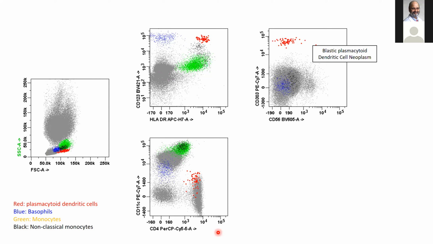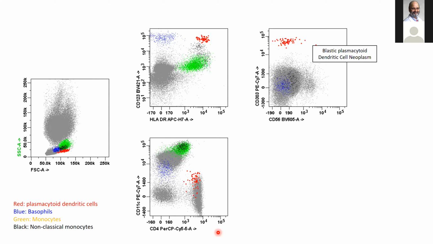The reason that's important is that when we're looking for leukemia and lymphoma, we're not just looking for positive and negative expression of markers, we're also looking for the intensity of expression, and we're trying to identify abnormal intensity so that we can say that, okay, that population, even though it's positive for this marker, is not expressing it at an intensity that's expected for normal.